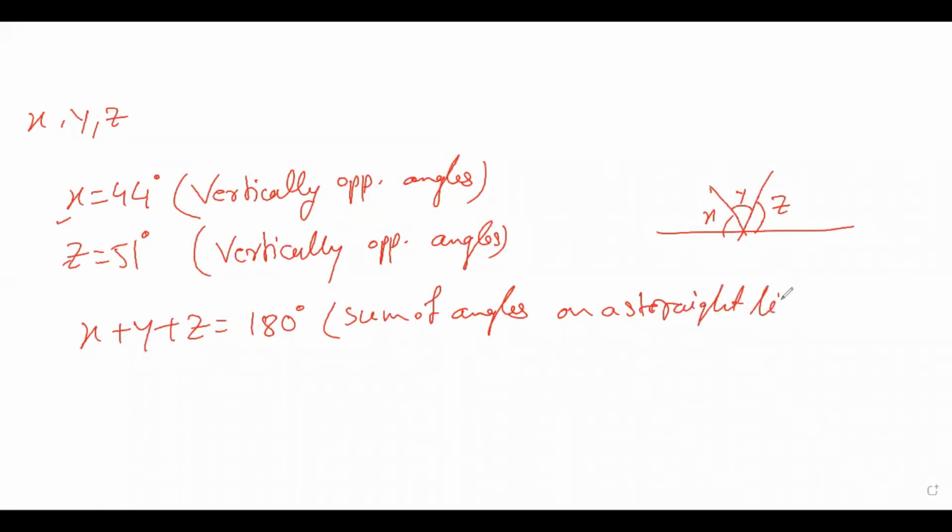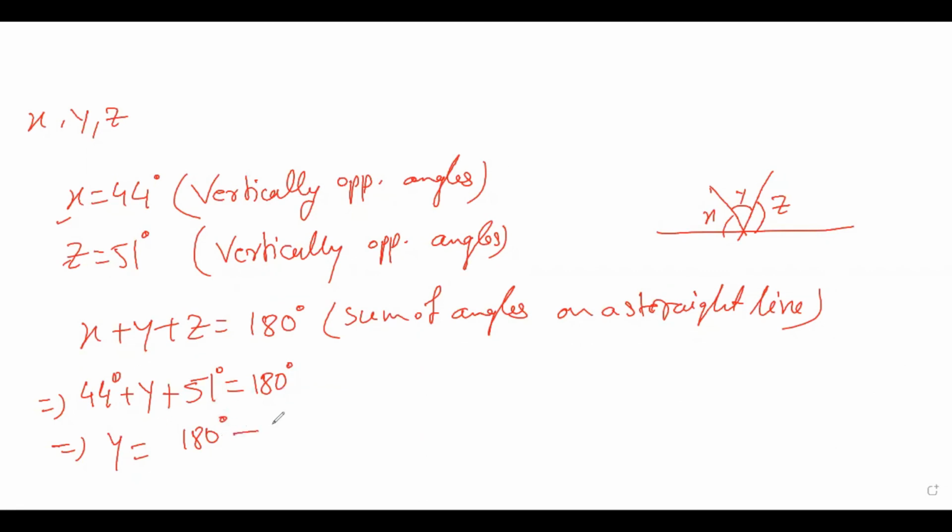So we have got the value of X, that is 44 degree, we have to find the value of Y, and we have got the value of Z, that is 51 degree, equal to 180 degree, or Y equal to 180 degree minus 51 plus 44 is 95.